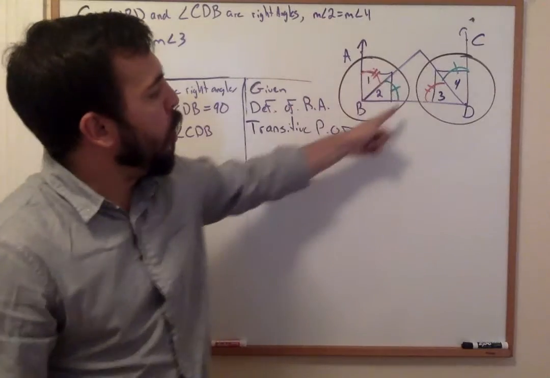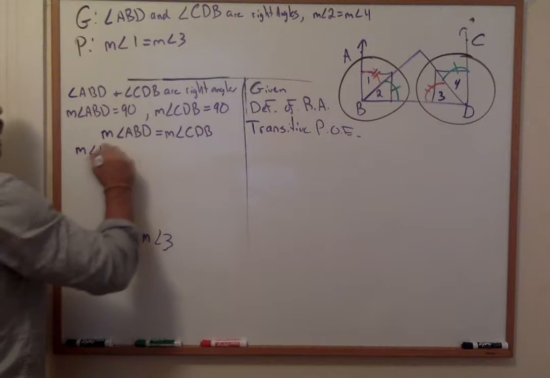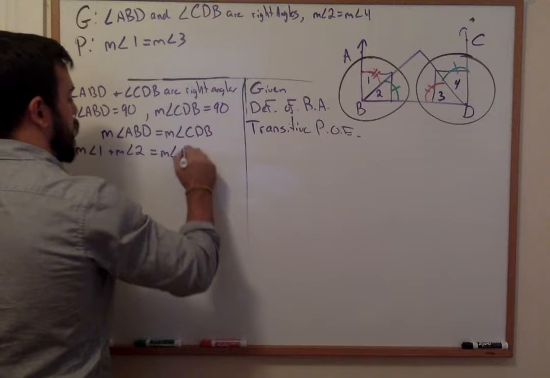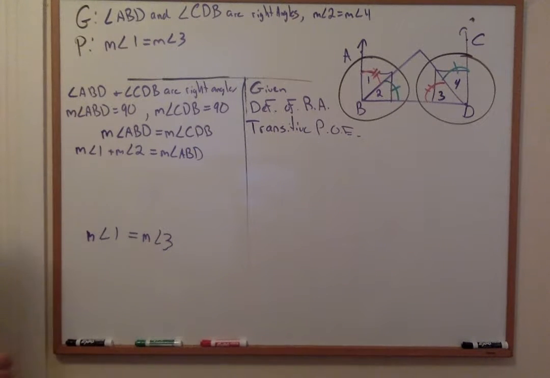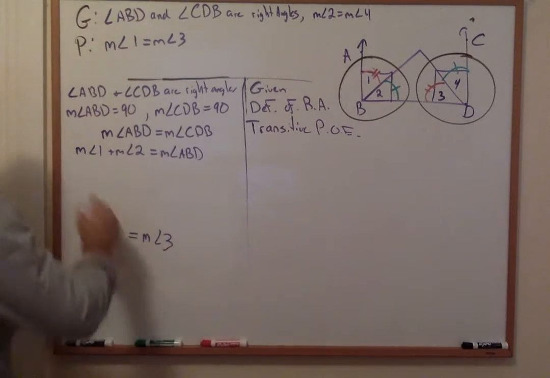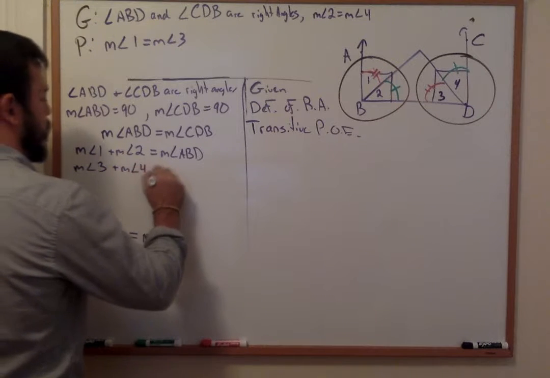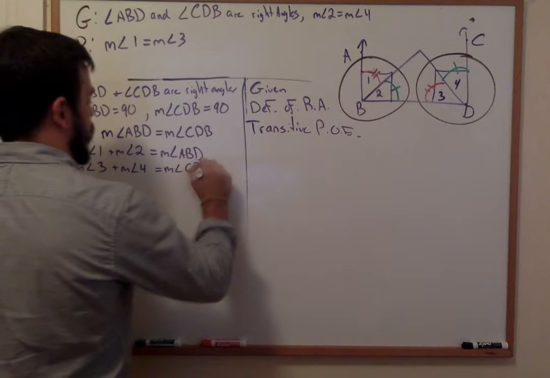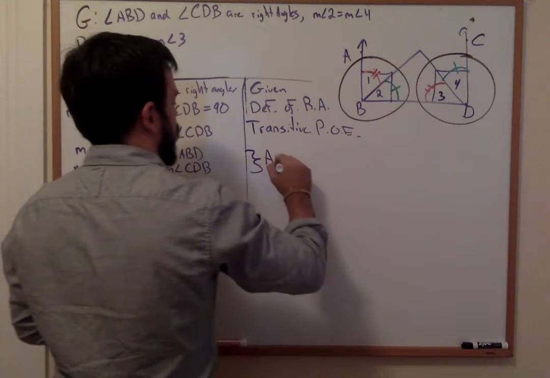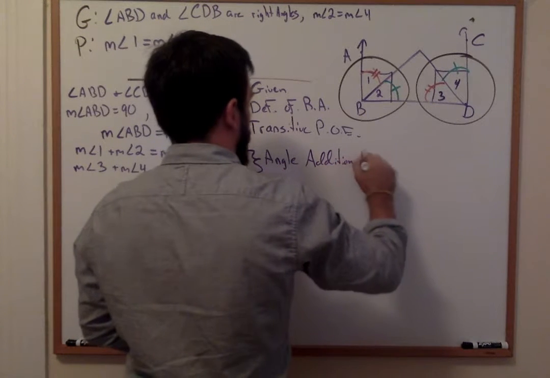Well, I know that this whole is made up of angle 1 and angle 2. Okay? And I know that this whole is made up of 3 and 4. And both of those are the angle addition postulate.